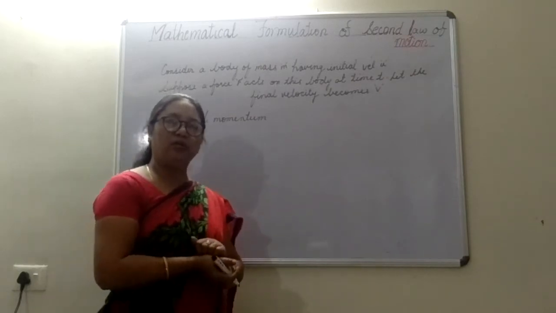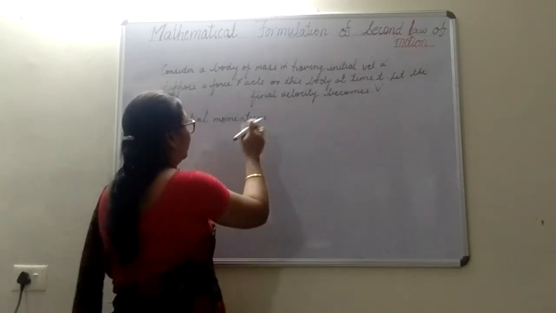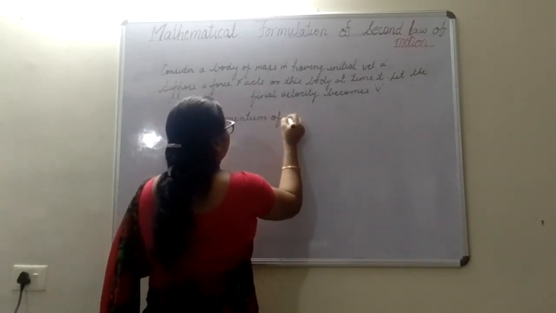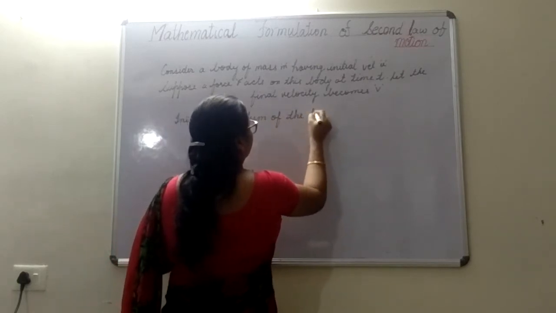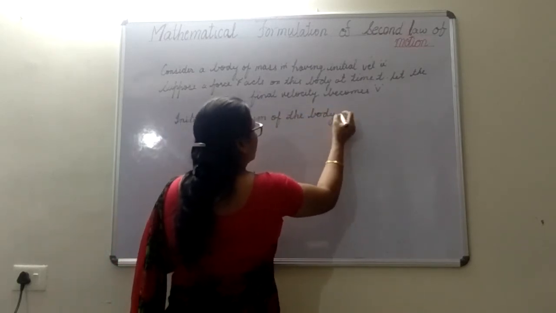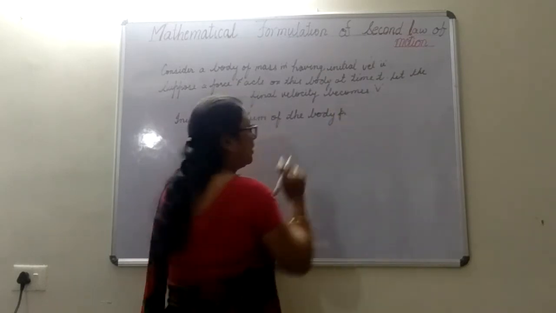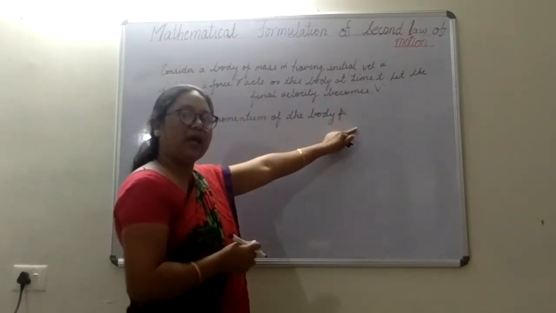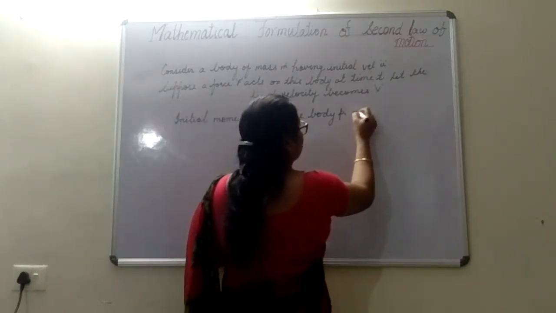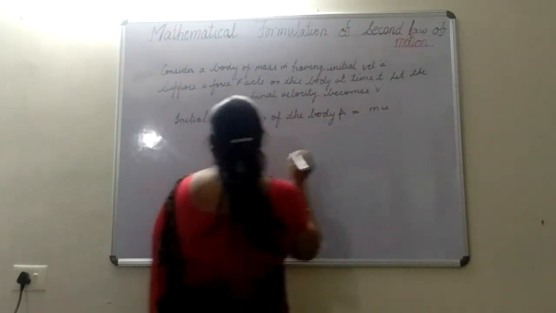Momentum is equal to the product of mass and velocity. So the initial momentum of the body will be represented as Pi, small pi, that is equal to m into u.